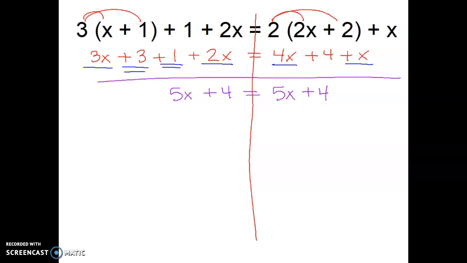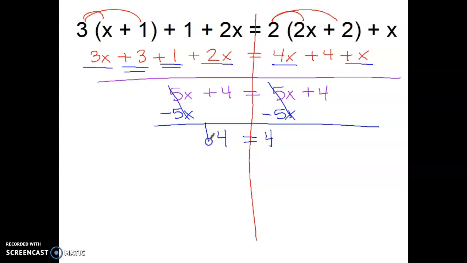I'm sure you guys see that already, right? Subtract or move your variables to one side. Well, we end up again with 0 pairs, meaning canceling out our variables. However, we end up with a true statement. 4 in fact does equal 4.